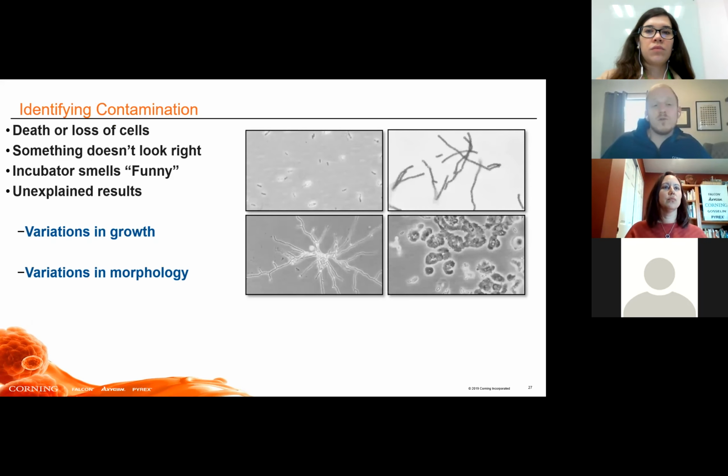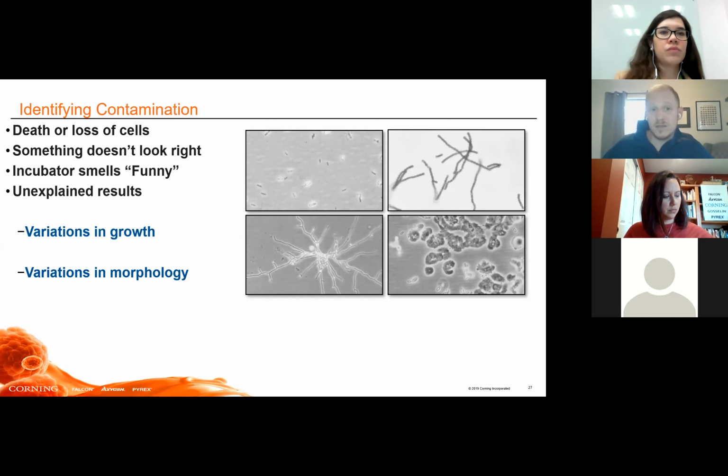Before moving on to that, usually the first step in dealing with a contamination is actually identifying that you have one. There are a few things that you may want to look for as you're doing your experiments. If you see these things, you may think to yourself, is it possible that I have a contamination in my cell culture?